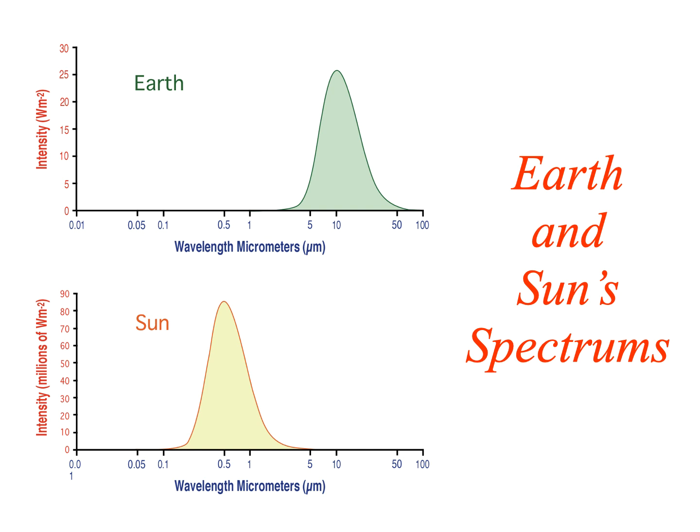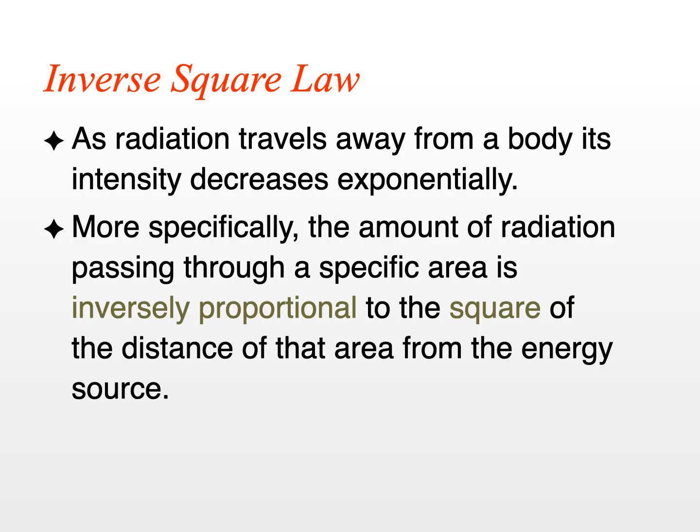The total amount of emission, if we measured everything under the curve for the sun, would be approximately 64 million watts of radiation being emitted from the surface of the sun. Now the sun is amazingly bright.